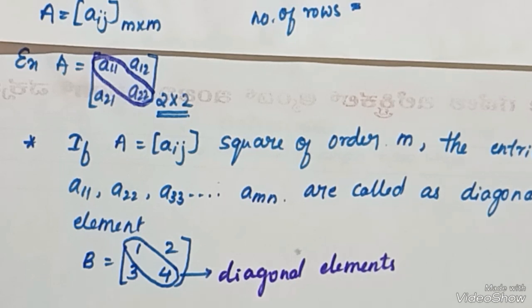Then the next type of matrix is the diagonal matrix.